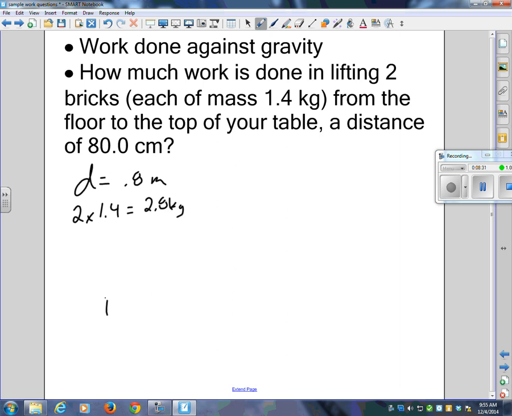We are doing work against gravity. Weight force is mass times gravity: 2.8 times 9.8. Just so I can avoid writing down mgd, I'll do it in 2 steps.